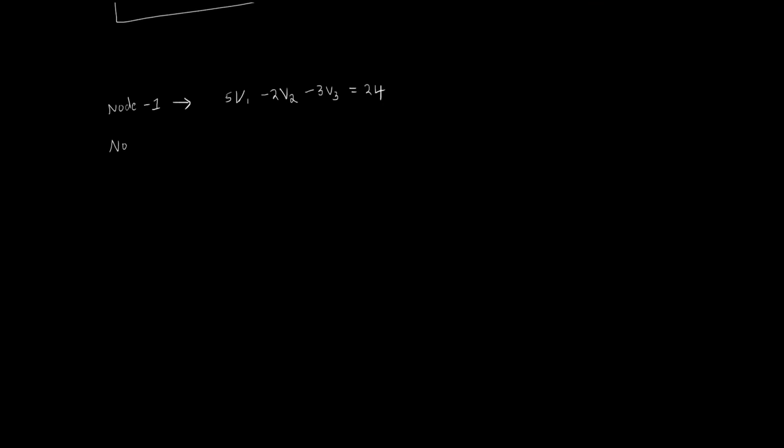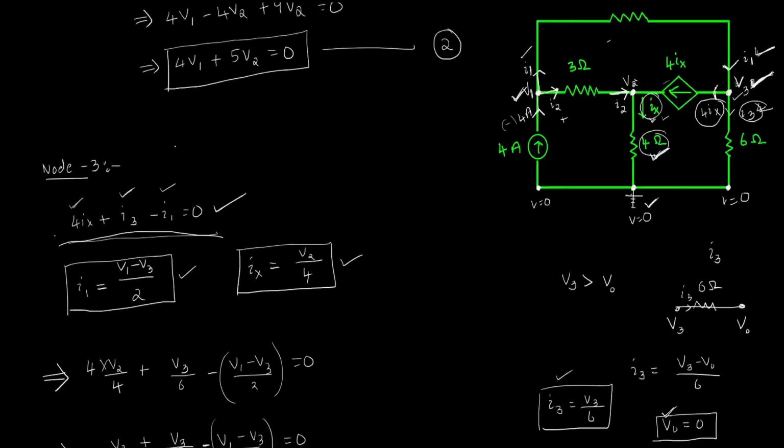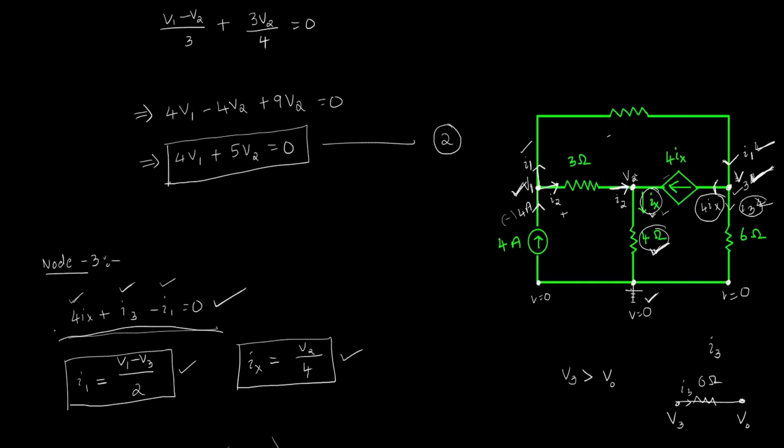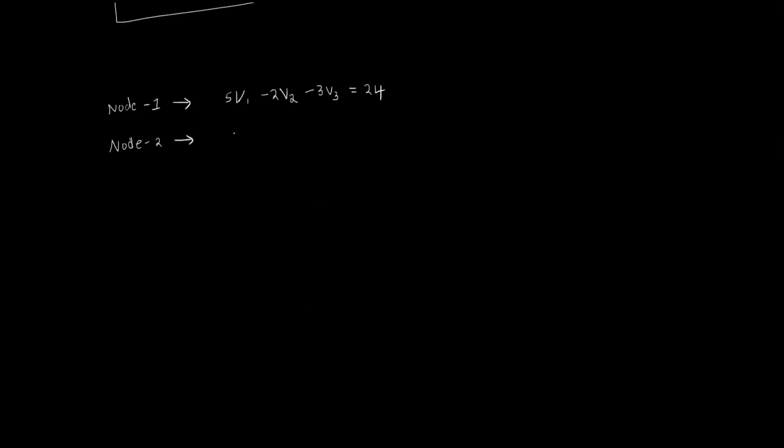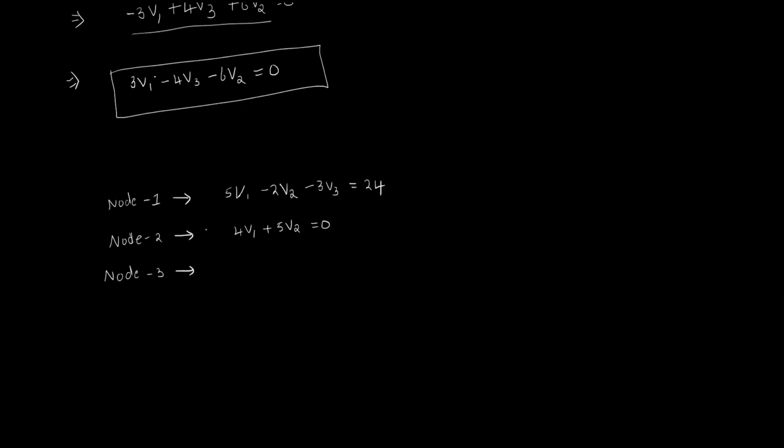And the equation obtained by solving node 2 is 4V1 plus 5V2 is 0. So let us write it down: 4V1 plus 5V2 is 0, and the equation obtained by solving node 3 is 3V1 minus 4V3 minus 6V2 is 0.